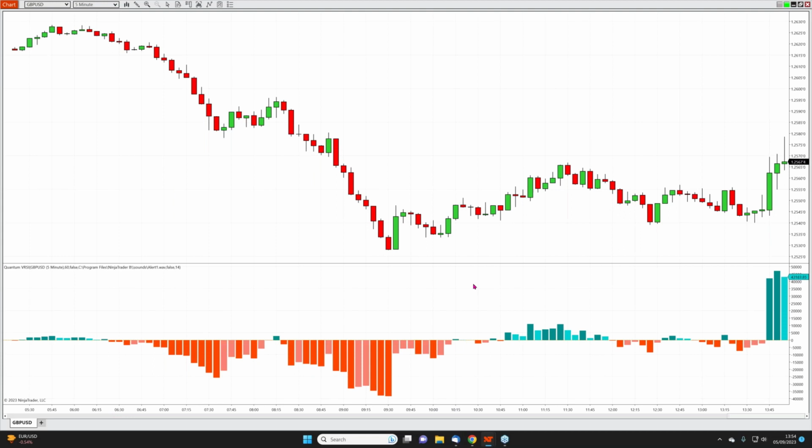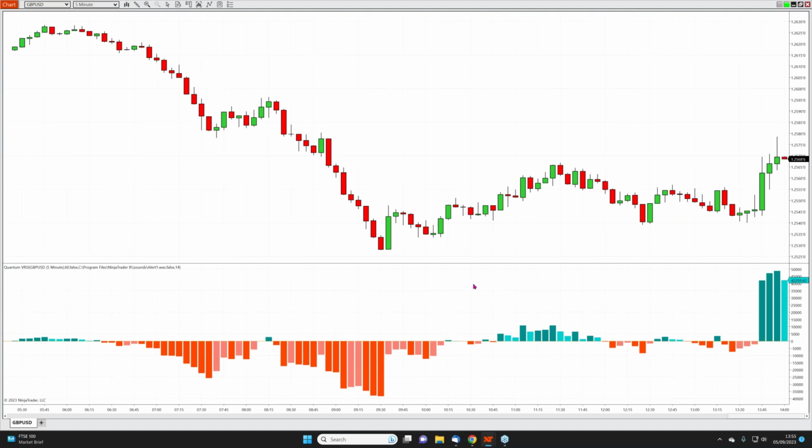This is the volume relative strength indicator, which is one we've recently developed. It's not launched yet. It will be rolled out in the next few weeks along with the stock trading program. But I wanted to put it on a chart here in the Forex space, just to really demonstrate that not only does it work brilliantly on stocks, on futures, ETFs, whatever it is, it also works in precisely the same way on Forex.